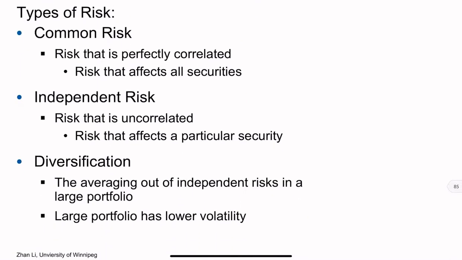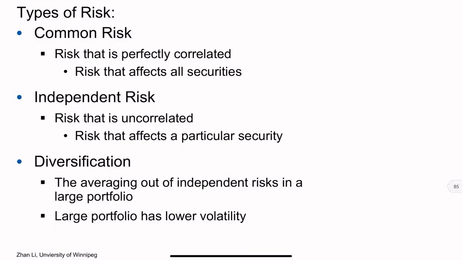Okay. Obviously, our goal is to think about the diversification benefit of stock portfolios. So if you think about different types of risks with respect to securities, you will get the same type of result. That is, you will have common risk, that is, risk that affects all stocks.